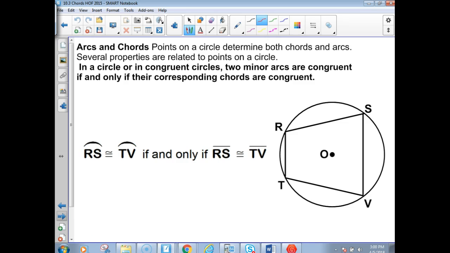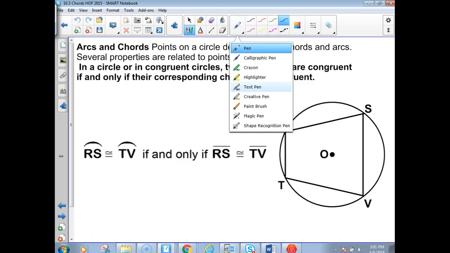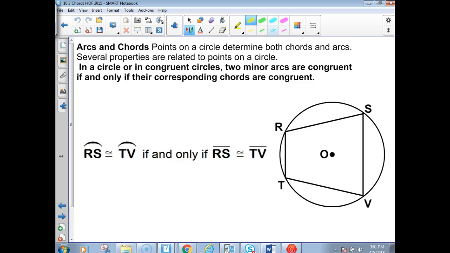If you would like to highlight again the properties we were just discussing, I will do that on this circle. I think I'll actually grab a highlighter. Okay, so if I've got arc RS, it's just reiterating some things we wrote in the ISN. And I've got arc TV.